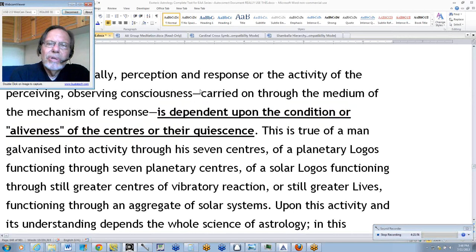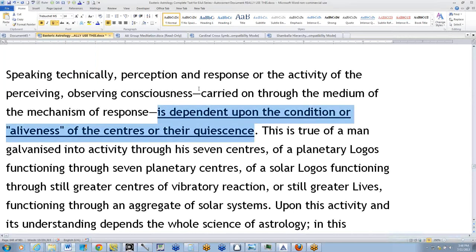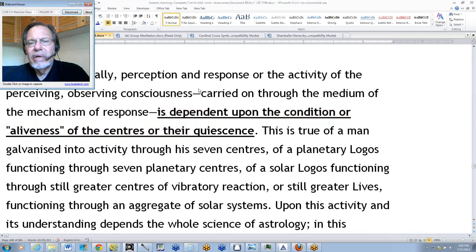And perception, the degree of perception, the acuity of it, the sensitivity of it, and the response of the mechanism will depend upon the rapidity of vibration of the chakras concerned, their degree of rotation, I suppose, occultly their speed of rotation. So if we are dull and inert and not much stimulated in our chakric system, perception will be of a lower nature, and less will be perceived.